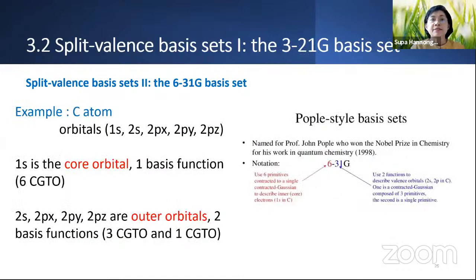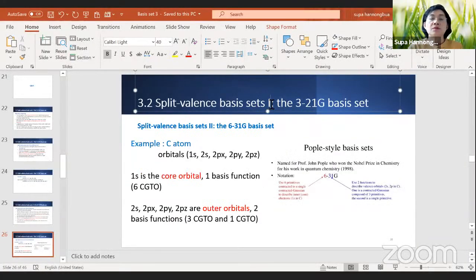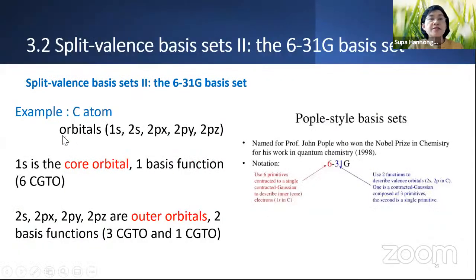The S and P functions share common components. Very famous. So look at this example again to make it a little clearer. The split valence, again, I have to change this: 6-31G, sorry for that. For example, if we consider the carbon atom, the orbitals are 1s, 2s, 2px, 2py, and 2pz. 1s is the core orbital, you remember that?